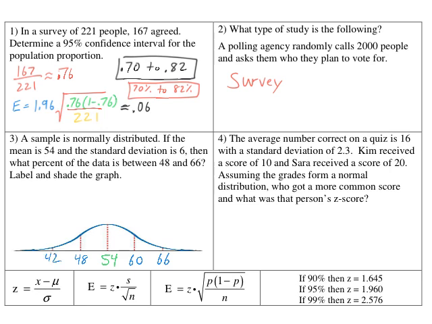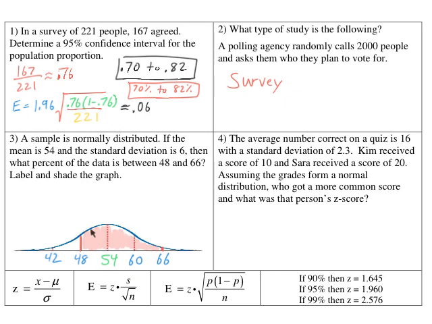Next, it is saying that we want to be between 48, which is right here, and 66, which is right here. So we want what is between those. Between those would be all of this. So we label and shade it. Now what percent is that?